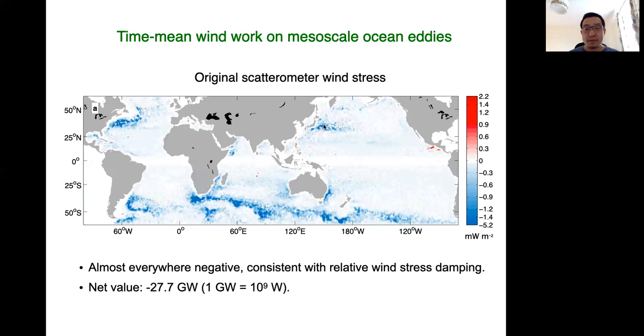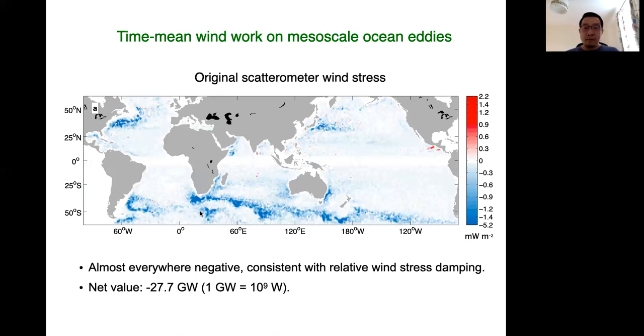Those regions are not only ocean storm tracks, but also atmospheric storm tracks, where the winds are strong and there are a lot of energetic eddies. So the damping is particularly strong there. And then we can integrate the damping globally and get a number out of it.